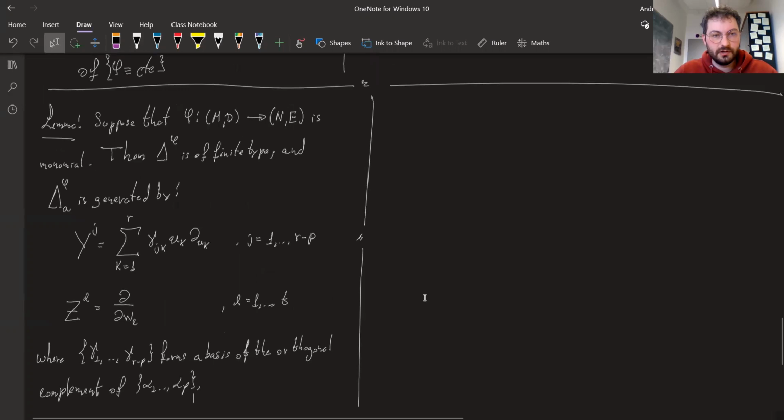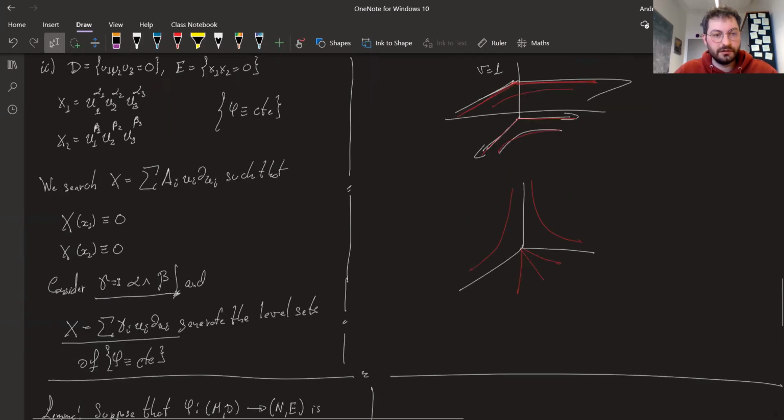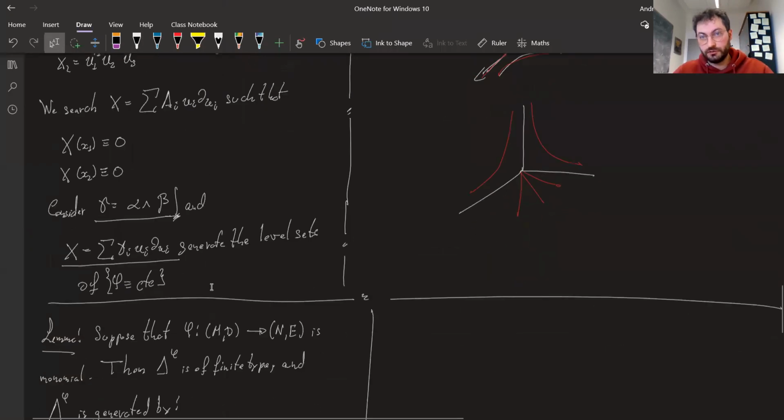So just as before, in this example here, you had the vector space generated by alpha and beta, and then gamma was an orthogonal one. So this is a more general phenomenon.